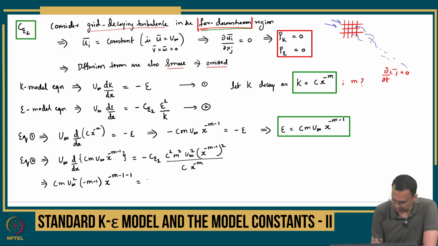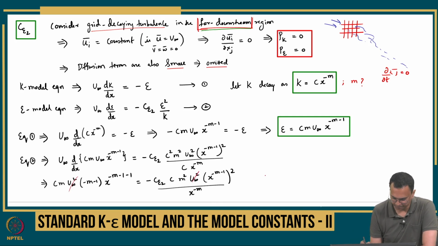On the other side, which is minus c epsilon 2, one c will go away. I get c m square, and the u infinity square also goes away, this x raised to minus m minus 1 whole square over x raised to minus m.